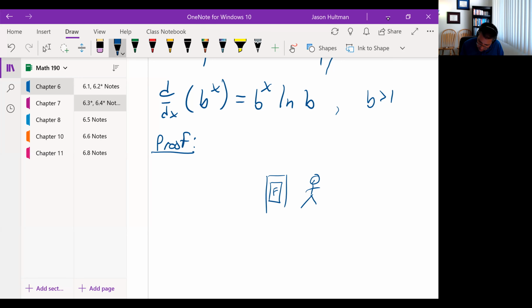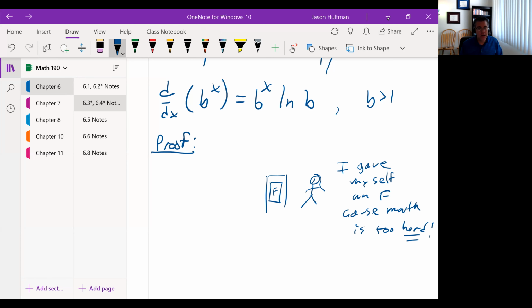She had long hair at the time, so she said, I gave myself an F because math is too hard. It broke my heart. She wasn't smiling, by the way.